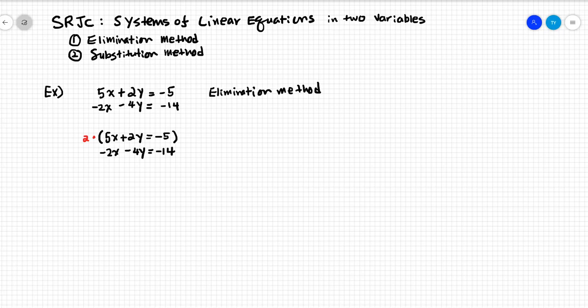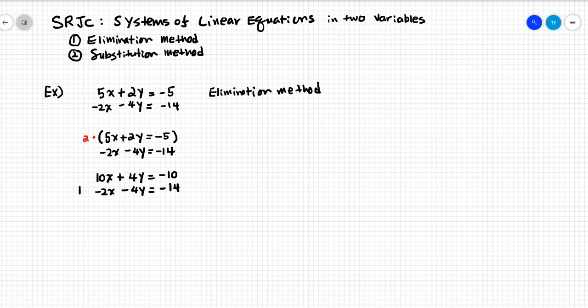Now let's multiply these out and see what we got in the first row. 2 times 5x, we get 10x. 2 times 2y, we get 4y. And 2 times minus 5, we get minus 10. The second row stays the same, minus 2x minus 4y equals minus 14.